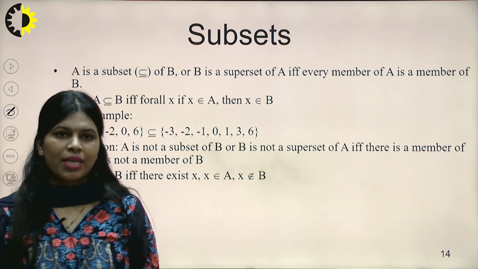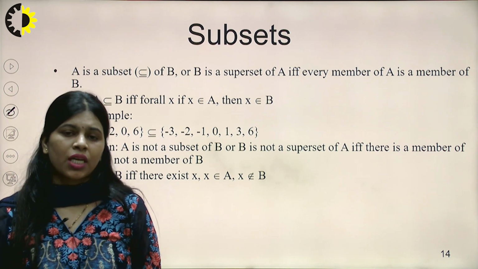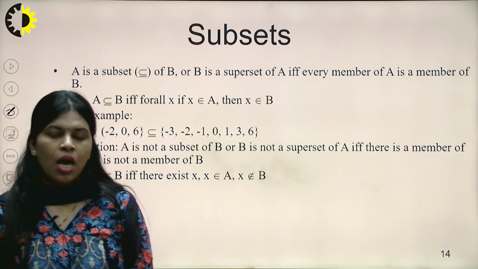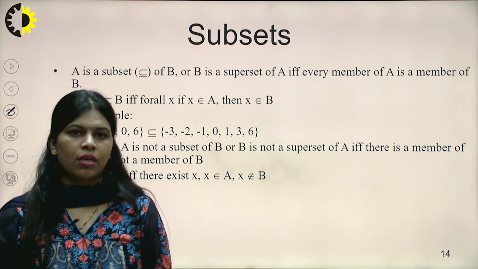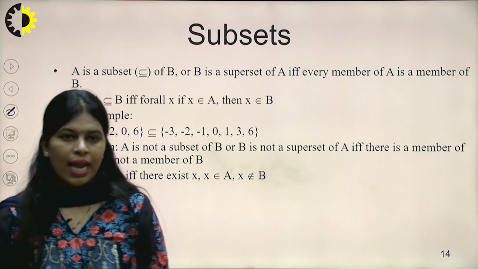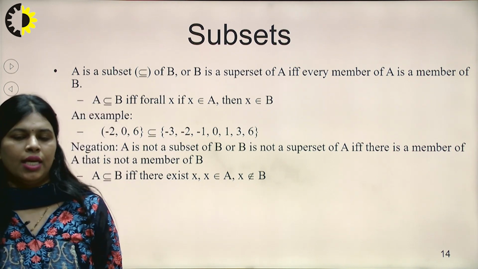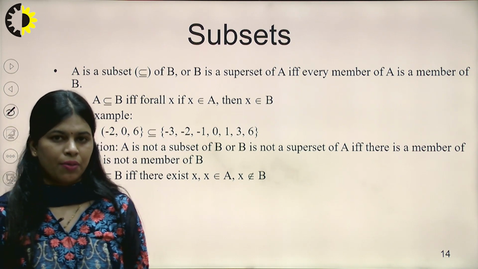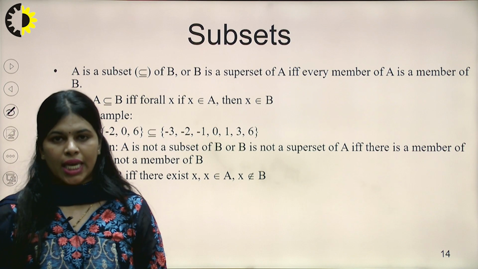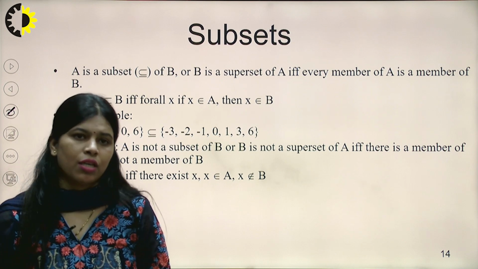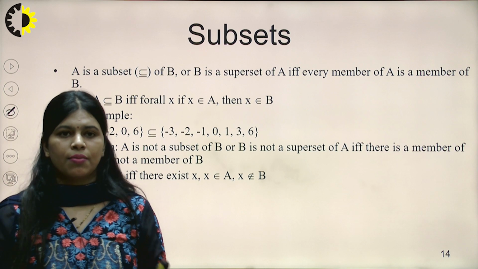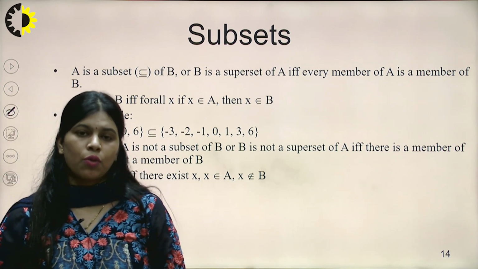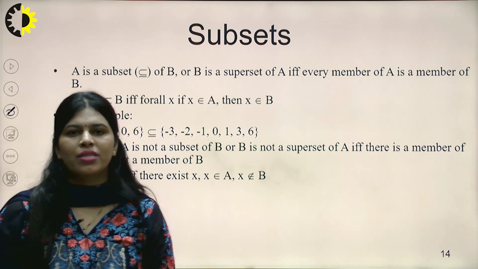Basically, subset creates a relationship between two sets, set A and set B. If we consider A is a subset of B, all the elements of A are presented in set B. But if all the elements of A are presented in B, then what should B be called? B is a superset of A.